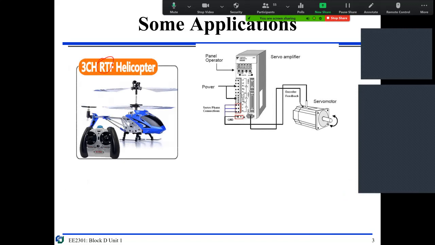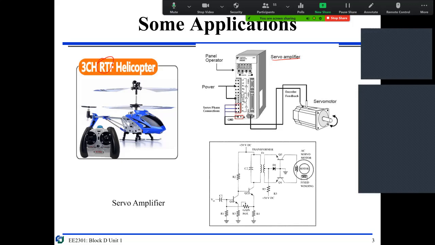So for a motor, to make the motor turn, those control signals are too weak. You have to amplify it. This is called a servo amplifier. You have this amplifier to make it high power, like how many watts. The motor could be very big.